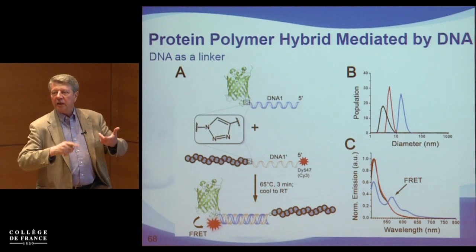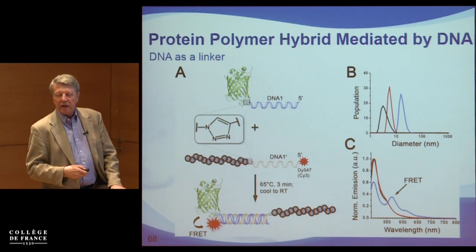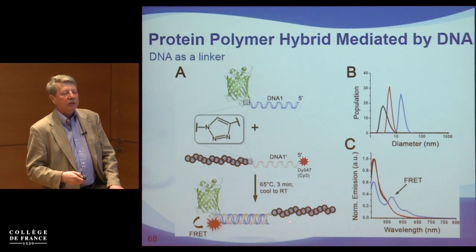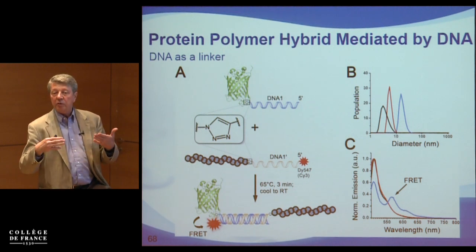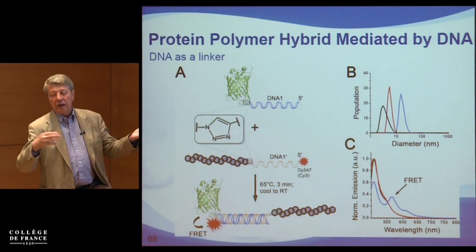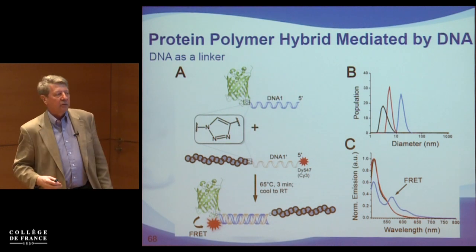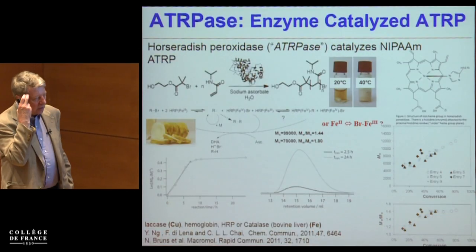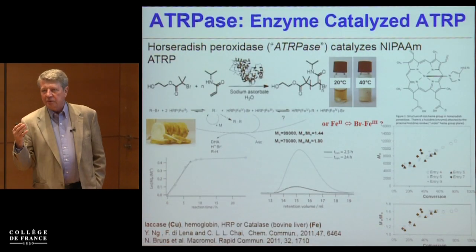And of course, at higher temperature, they can melt, dissociate, or you can displace them by adding an excess of another DNA, but by thread, you can see really that they are together. So this is an example of a bioconjugate between protein and polymer via a DNA coupling system. So the very last issue is probably coming back to the catalysis.